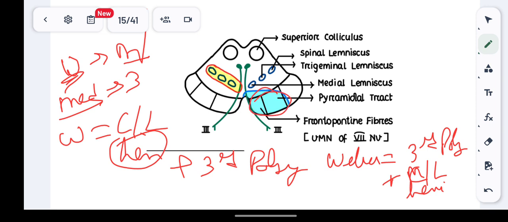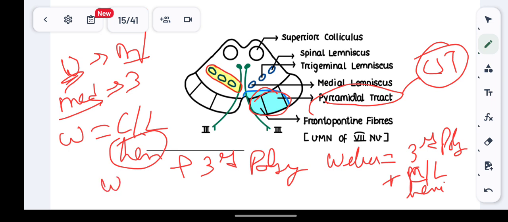The pyramidal tract is the continuation of the corticospinal tract. The corticospinal tract is motor, and at the lower medulla it decussates to the opposite side. So it is contralateral and it is motor, so hemiplegia will be seen. Same thing, so again W is done, Weber's is done.